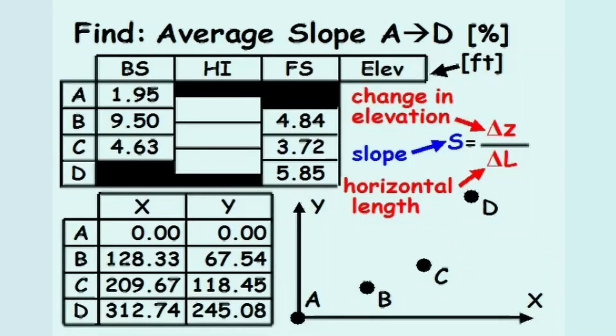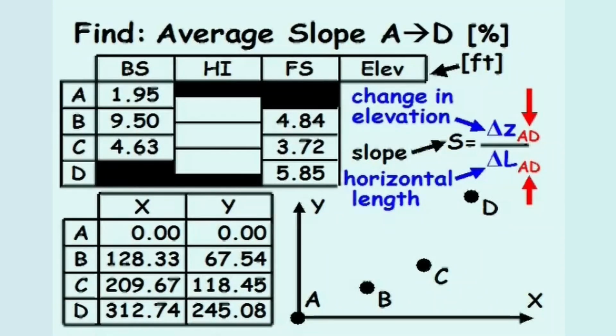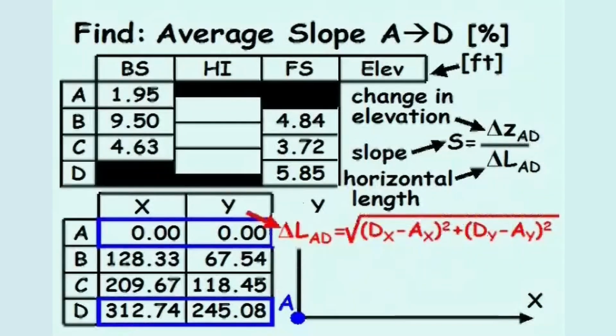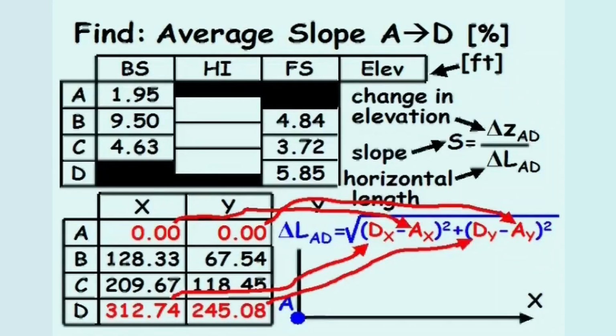Next, we'll add a subscript AD to both of these terms because we're looking to find the average slope from point A to point D. We can determine the horizontal length, delta L sub AD, by using the given coordinate data for points A and D, where the length equals the square root of the difference in x coordinate values squared plus the difference in y coordinate values squared.